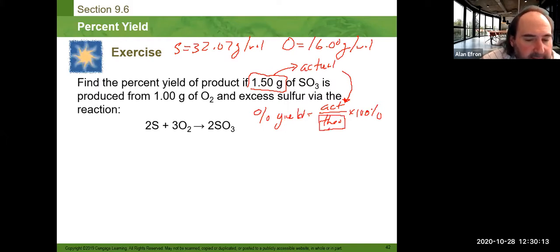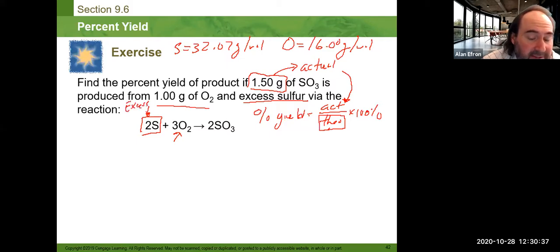In this particular case, we're given 1 gram of O2 reacts with excess sulfur. So this type of problem here is not a limiting reagent problem. We are only given enough information to figure out the grams of our O2, not our S, right? And the other piece of information they gave us was that the S was the excess reagent.